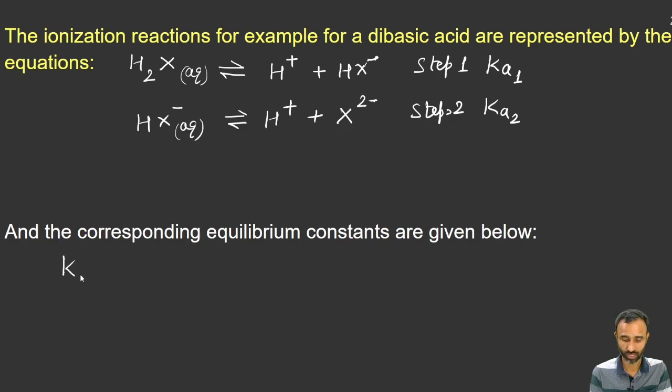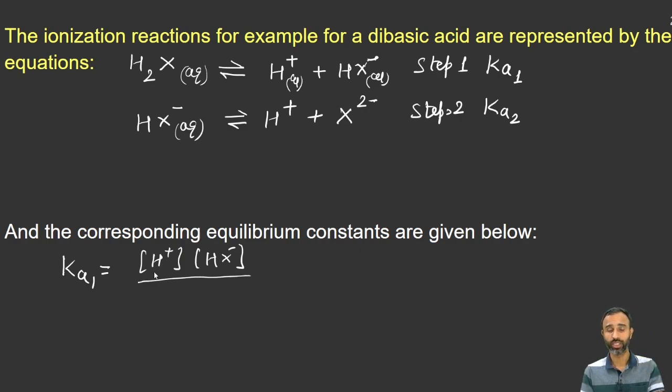So what is Ka1? Ka1 is equal to H plus ion concentration into HX negative ion concentration, because you know dissociation constant of acid or any equilibrium constant is equal to product of the concentration of products divided by product of the concentrations of the reactants.